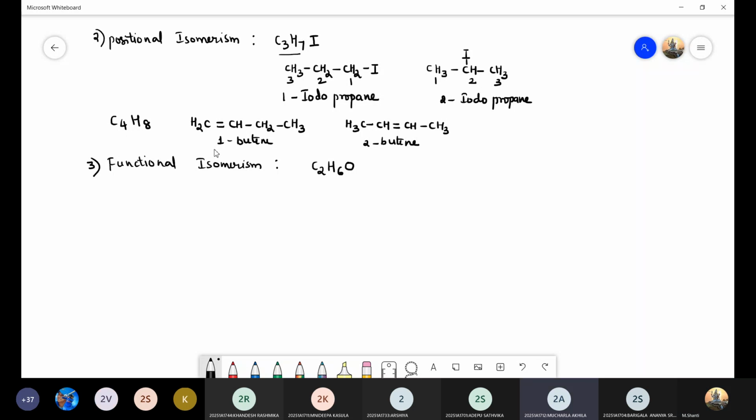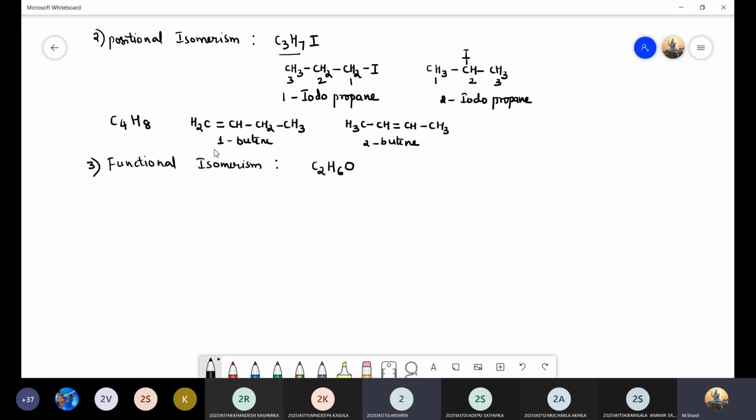Alcohol and aldehyde, ma'am. Yeah, it can be an alcohol or it can be what else? Oxygen containing functional group compounds. Organic compounds, quickly. Carboxylic acid, ma'am.